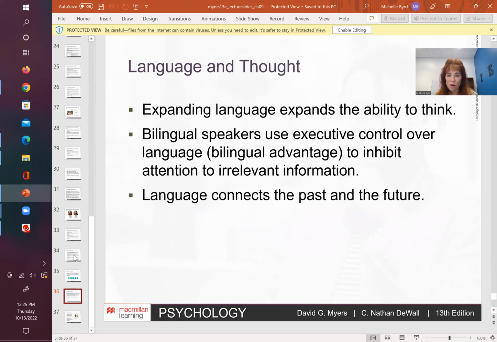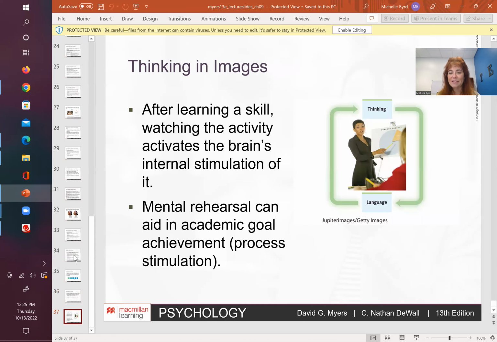Bilingual speakers have executive control over language, and that's a bilingual advantage: to inhibit attention to irrelevant information. Okay, relevant and irrelevant. Language connects the past and the future, and language is evolving. There's a reason that our dictionaries change. They change and they add new words, right?